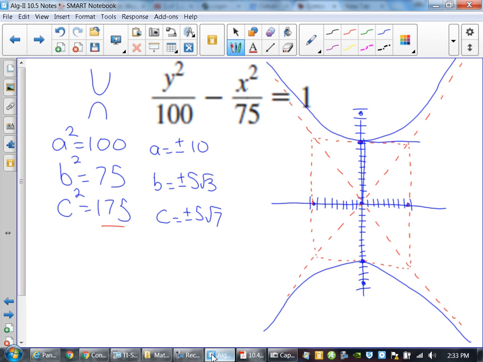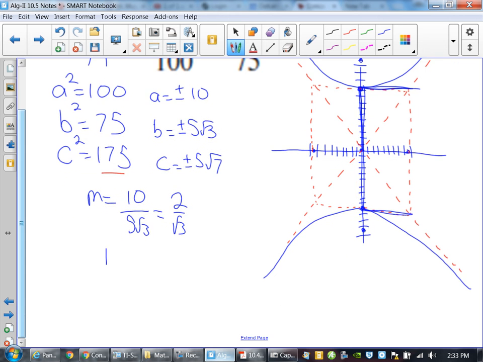So our slopes are easy because they're going to be plus or minus, going both directions. It was up 10 over 5 root 3, so that means this is going to be 2 over the square root of 3. Oh no, I have to remember how to rationalize. It's 2 root 3 over 3.